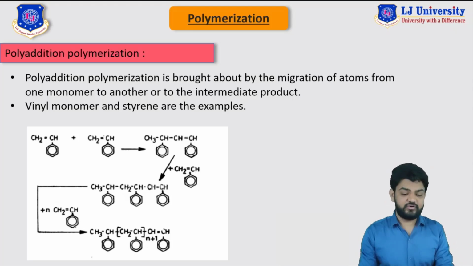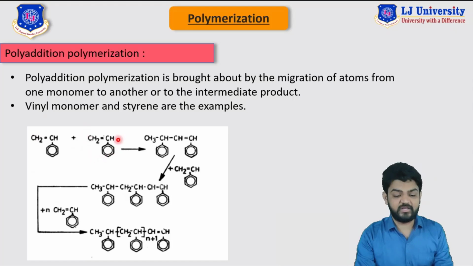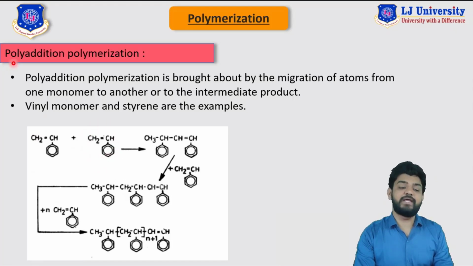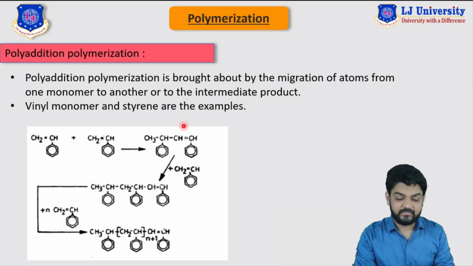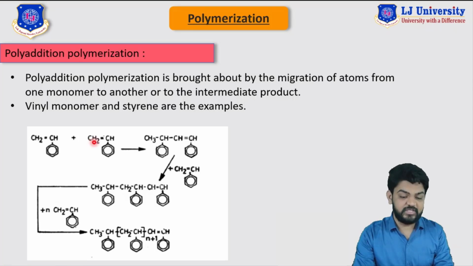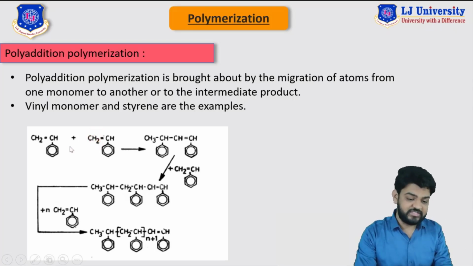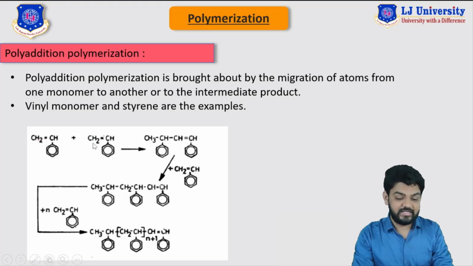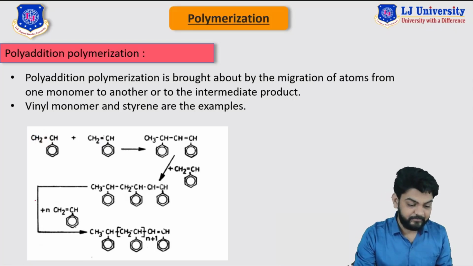Now what we are going to do is, you can see here we have used one styrene. When this styrene comes in contact with another styrene under this poly addition polymerization technique, it will form a compound like this. You can see here this hydrogen from this particular styrene has now migrated to another styrene, right here. Let me just take a pen.